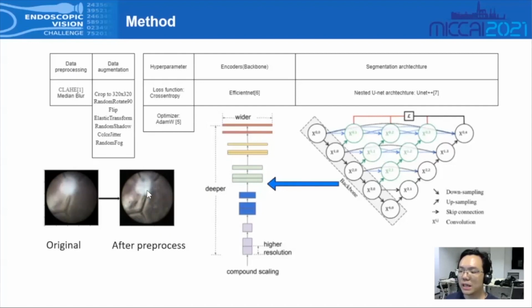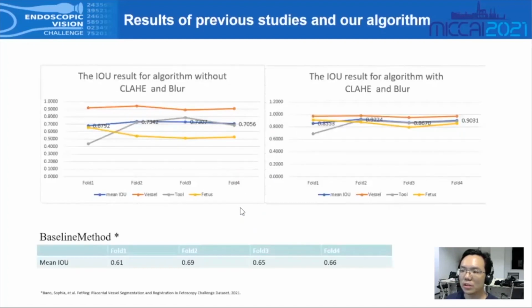We could observe that the vessel is more obvious than in the original image, and this would benefit the neural network to capture features. The segmentation architecture we choose is UNet++ because it is mainstream in medical image segmentation, and the backbone we choose is EfficientNet. We choose EfficientNet because of the consideration of balance between speed and accuracy.